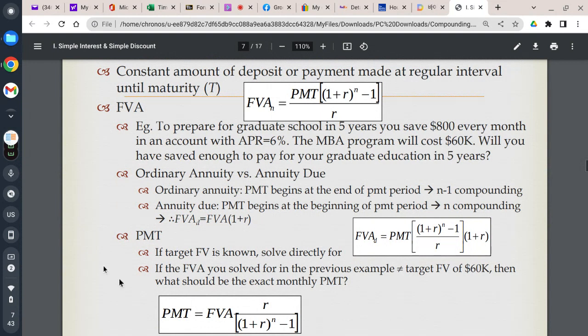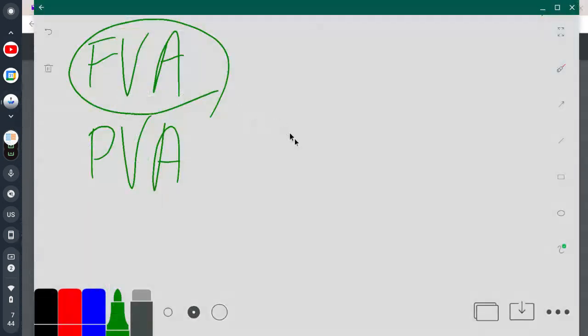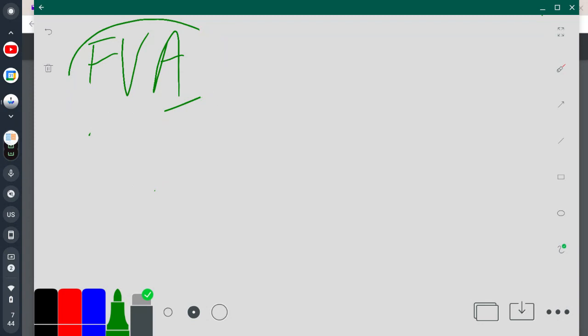And then if I put this idea graphically, the idea is like this. The first deposit, first of all, deposit is called payment, right?